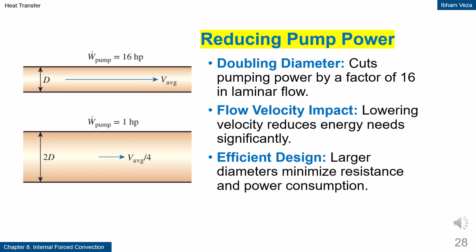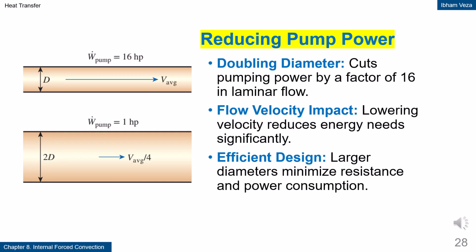Reducing pump power. Pump power is very sensitive to the pipe diameter, especially in laminar flow. If the pipe diameter is doubled, the required pump power can be reduced by a factor of 16. This happens because the average velocity and friction losses decrease drastically.